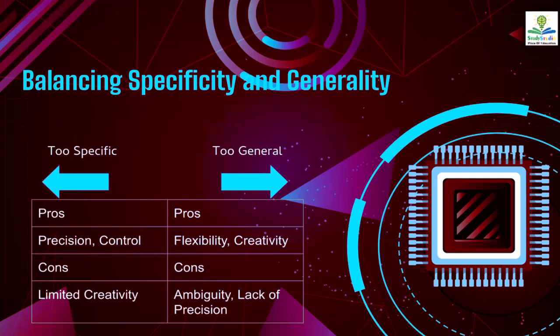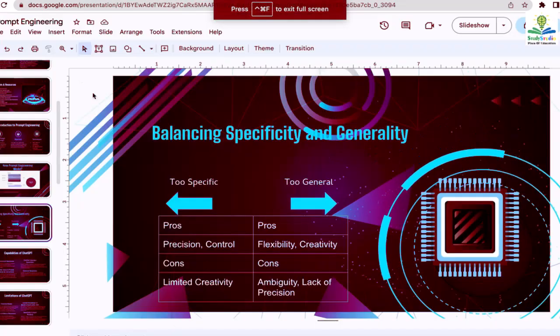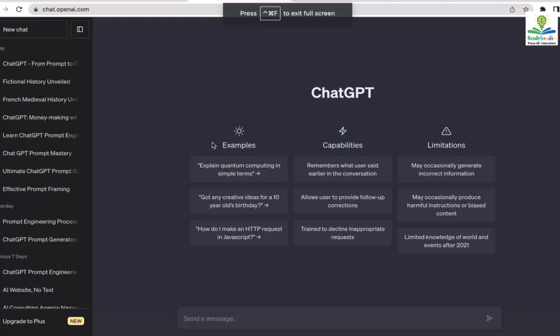General prompts can generate responses that are too broad or not specific enough, potentially providing incomplete or inaccurate information. So let's play around with ChatGPT this time to see what is the actual effect of having too general or too broad prompts.